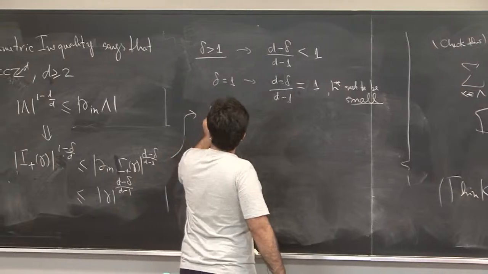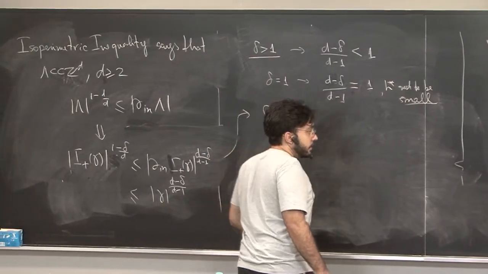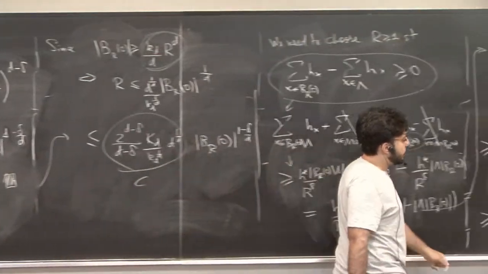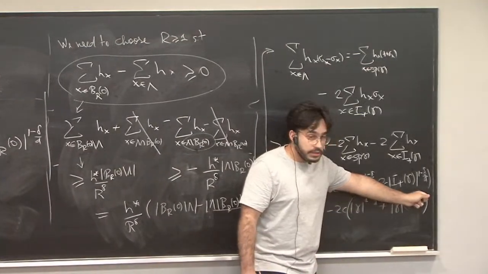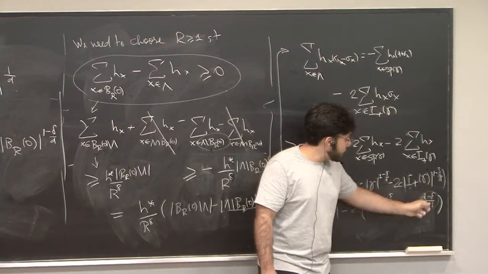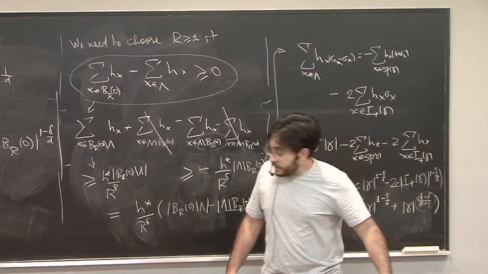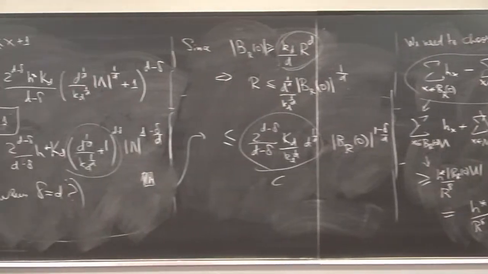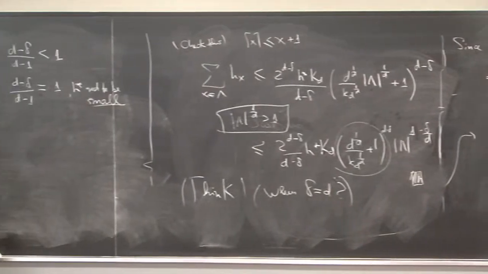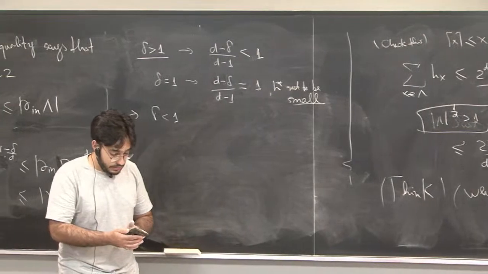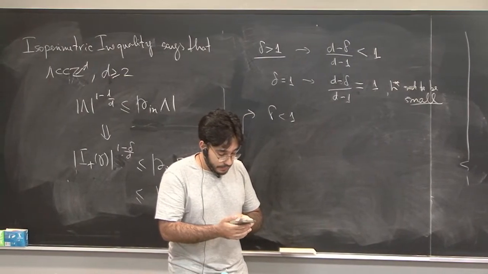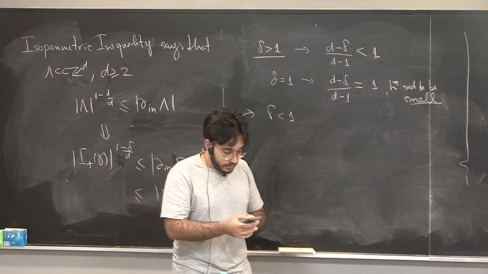And if delta is less than 1, then this coefficient right here will be larger than 1, and this means that the competition will fail. It's not a coincidence. It fails for a very good reason: there is no phase transition in this case.